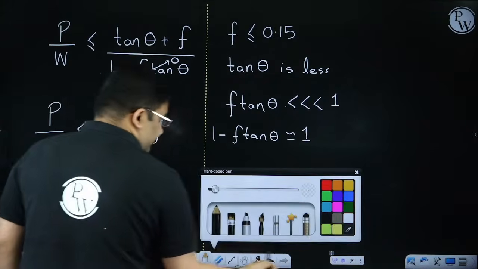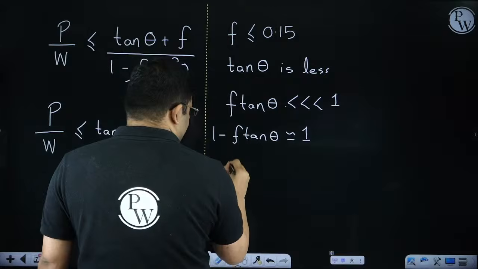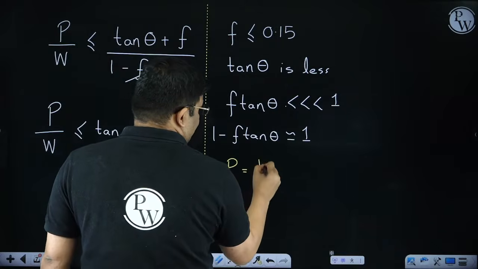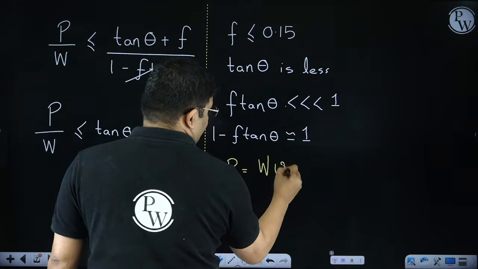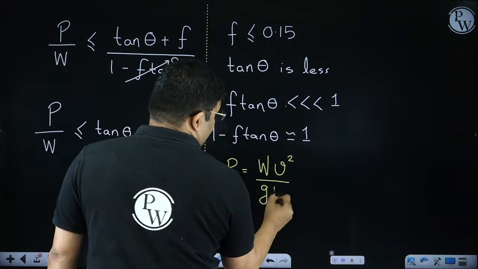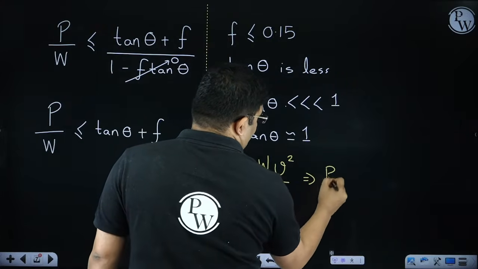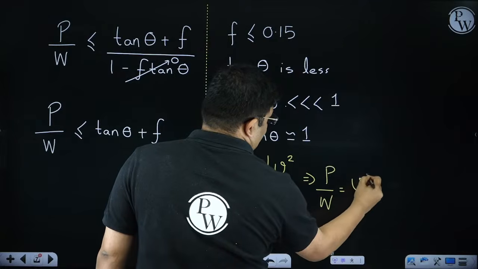Now we know what our P was. P, the centrifugal force, was weight into V square by GR. So P by W will give me V square by GR.